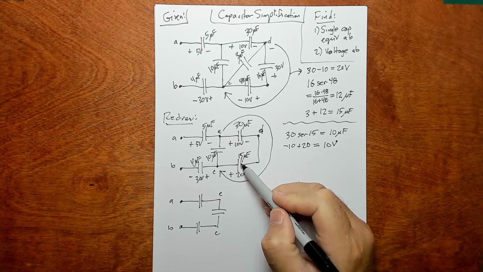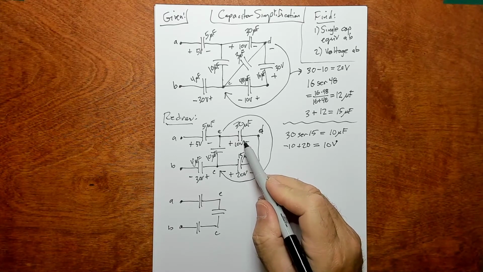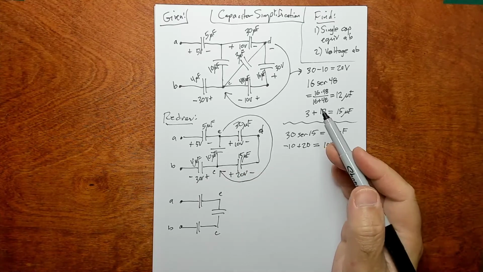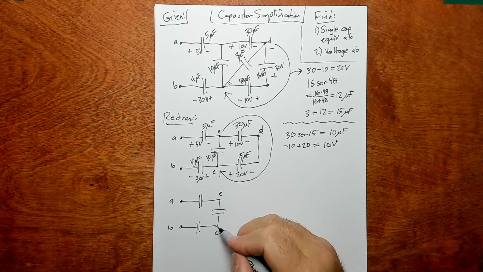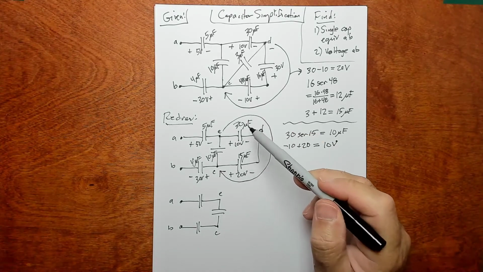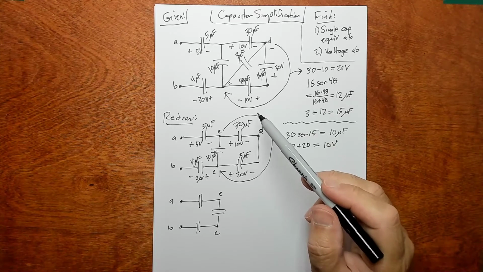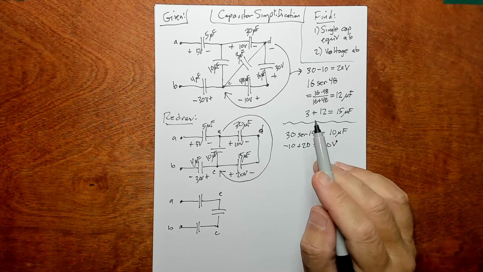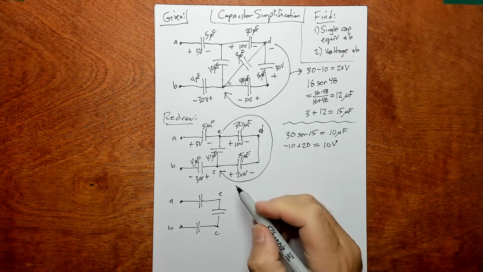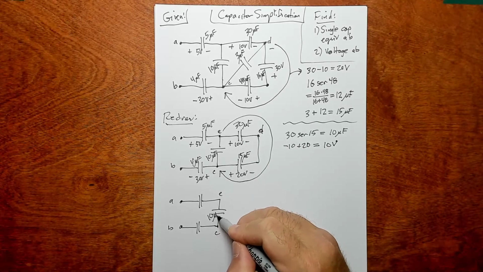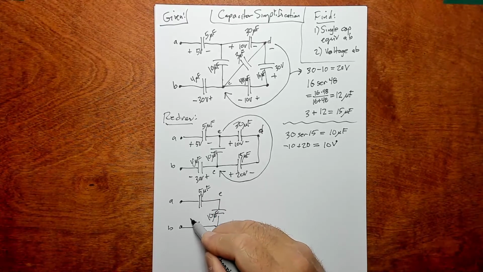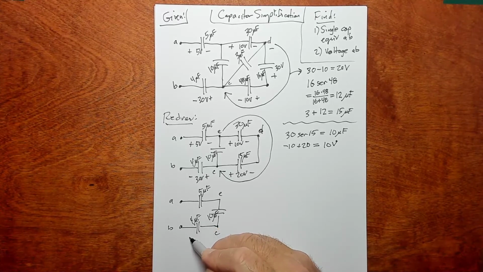It's possible to do another simplification with this one over here, but I didn't do that. So that's why I'm saying you have to be careful when you redraw these. The best thing to do is redraw the circuit after every single transformation. That way you're not going to get lost. But I just did these two, so I didn't throw in the 10 microfarad. It's still there. So let's just go with that, just to show you different ways to do things.